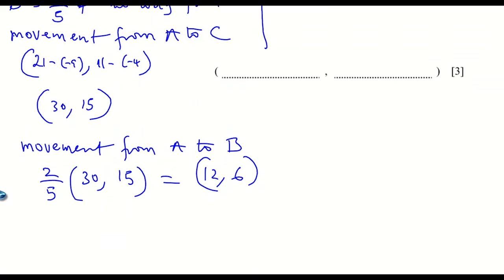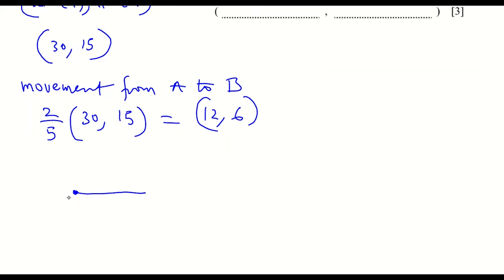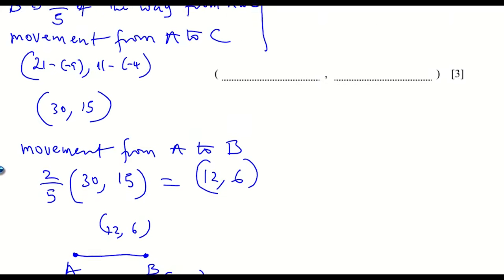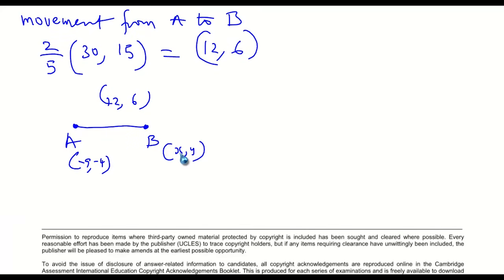Let me illustrate it here. From A to B, the movement is 12, 6. Now I already know the coordinates of A, which is negative 9, negative 4. The coordinate of B is x, y, as stated there. So we can get the coordinate of B now, easy. For the x, we say x minus negative 9 equals 12, just like what we did up there.